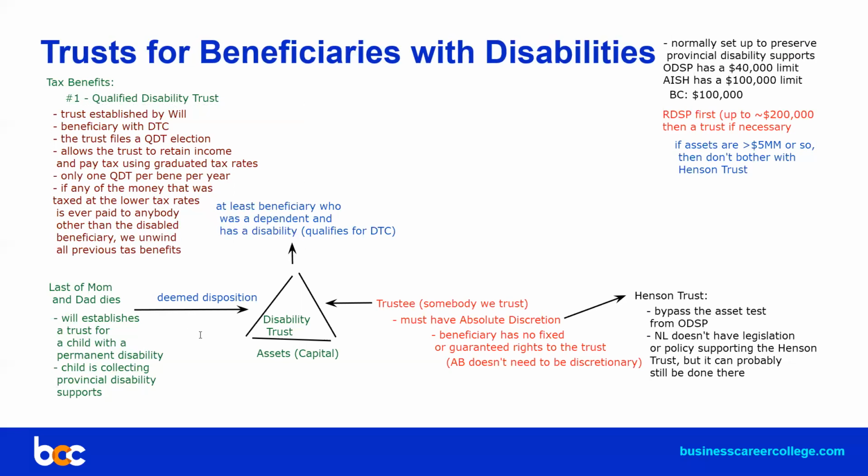Basically, you have to go back and figure out, for the history of that trust, what would have happened if the trust had been taxed at the top tax rate, and then pay that amount of tax as a recovery tax.